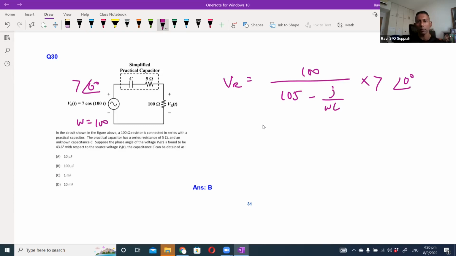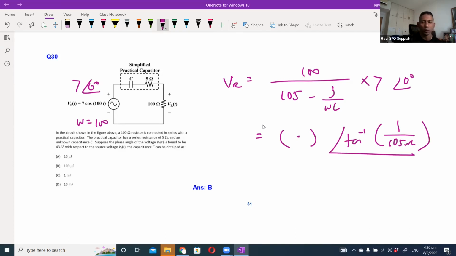We do the same thing: we will have a magnitude portion which we ignore, and then we have the angle. We know that 1 over 105 omega C is given as 43.6. With that, we can solve for C as 100 microfarad.